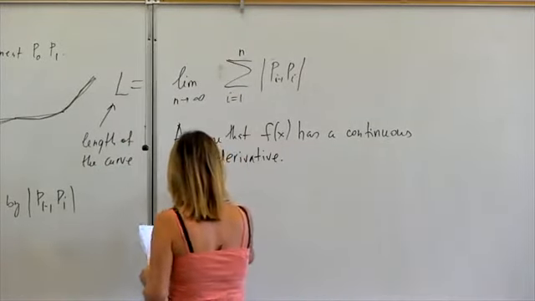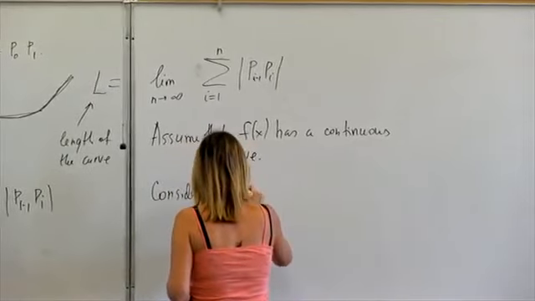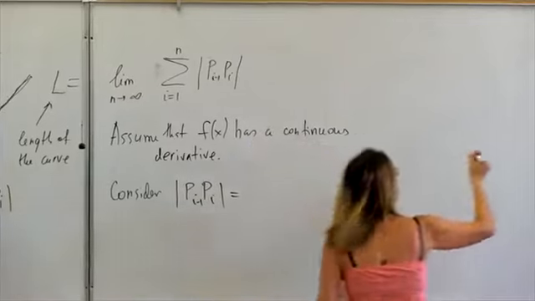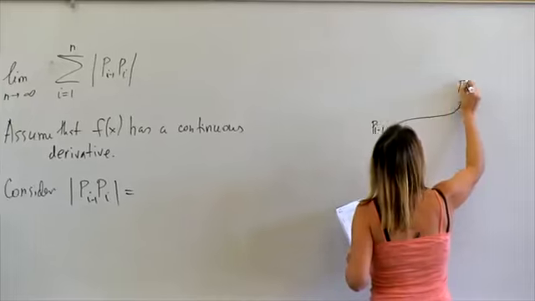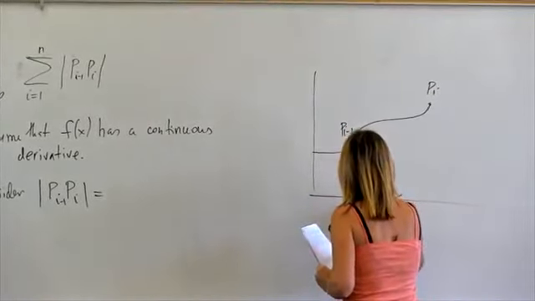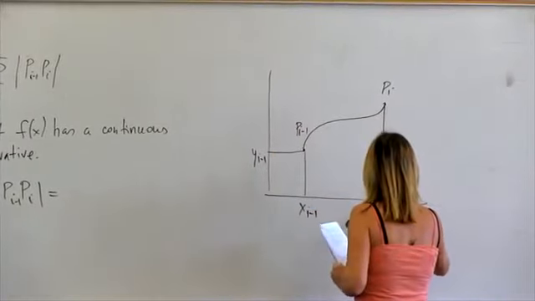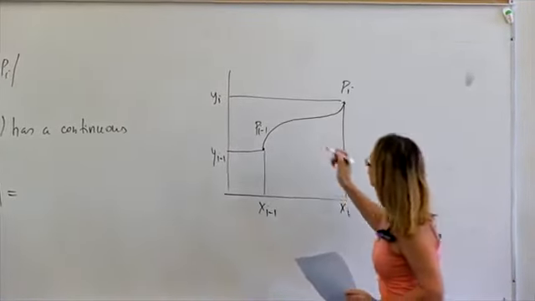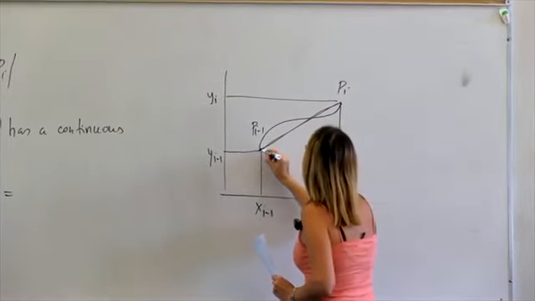Okay, so let's consider the length of segment P_{i-1}P_i. What is it equal to? If this is P_{i-1}, this is P_i in my coordinate system, this point corresponds to x_{i-1}, y_{i-1}. This point corresponds to x_i, y_i, right? So we are measuring this length. What's it equal to? We're making a triangle.